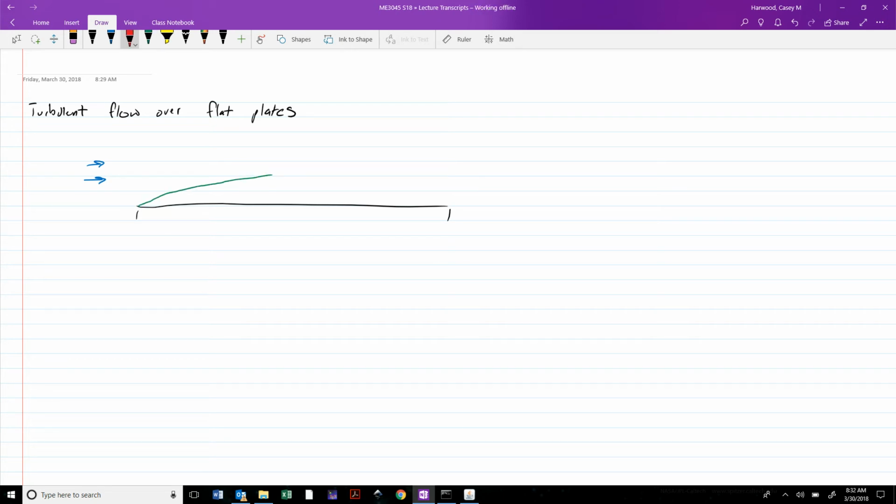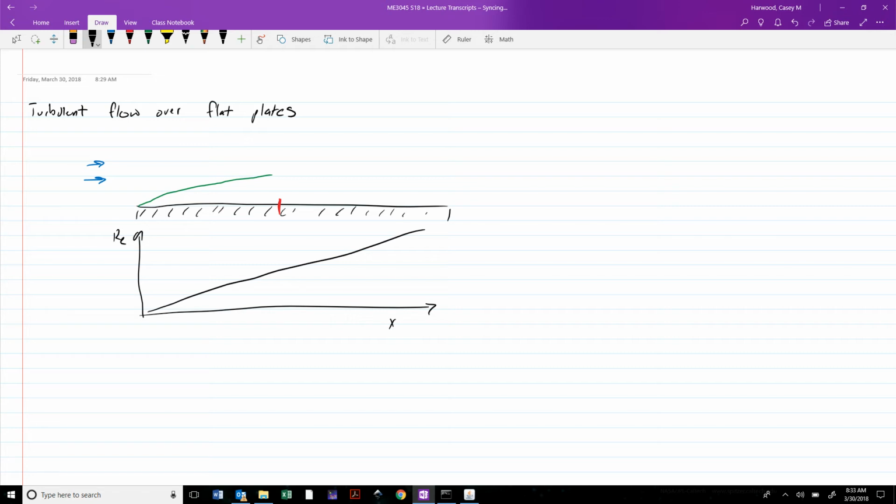If we were to graph the Reynolds number as a function of the distance along the plate, here's our flat plate, the graph of Reynolds number will be linear. That's basically Re_x equals U infinity times x over nu, the local Reynolds number.